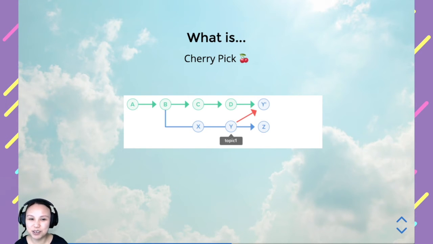I was supposed to make the commit to this green branch, but I accidentally made it to the blue branch. So I do a cherry-pick and pick that commit out. And usually you don't realize it until after you have committed extra stuff on it, so it's kind of in the middle, like this Y thing here. I just pick it out and put it somewhere else.